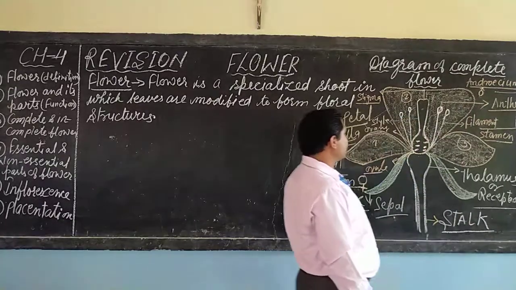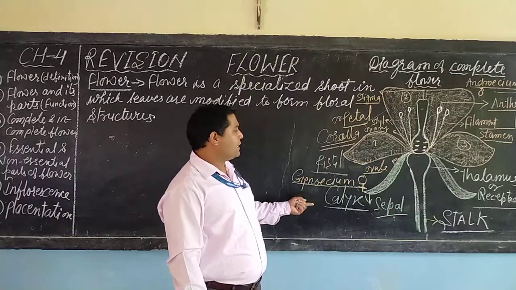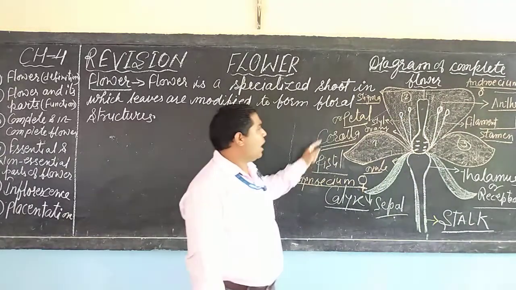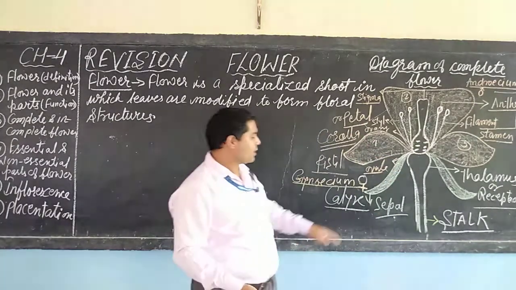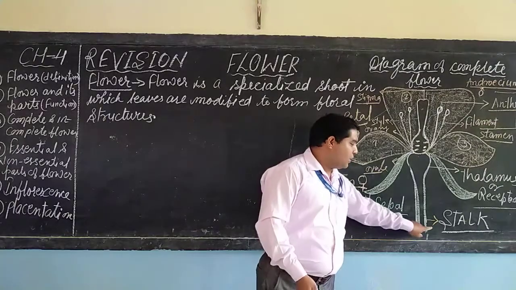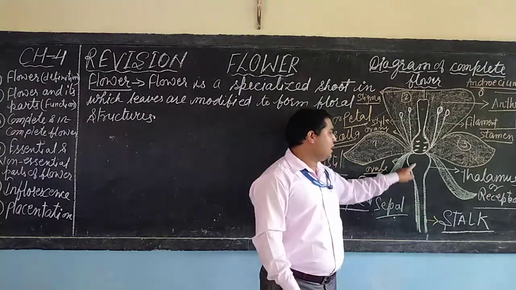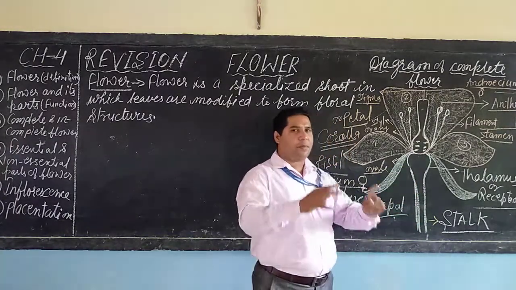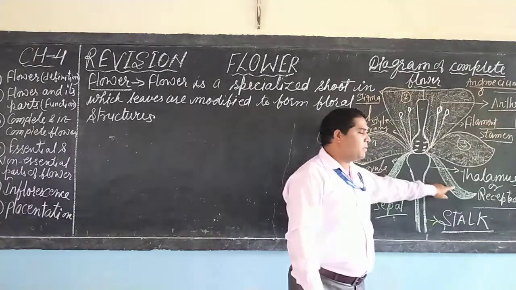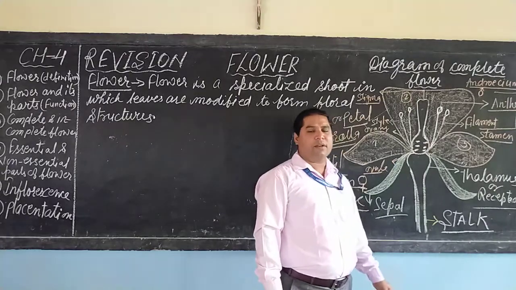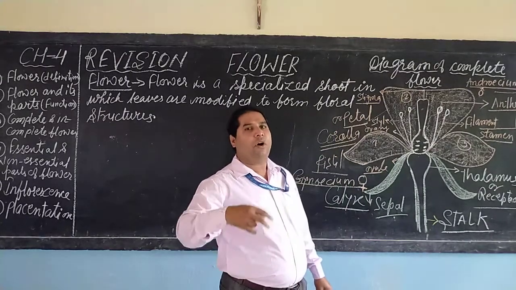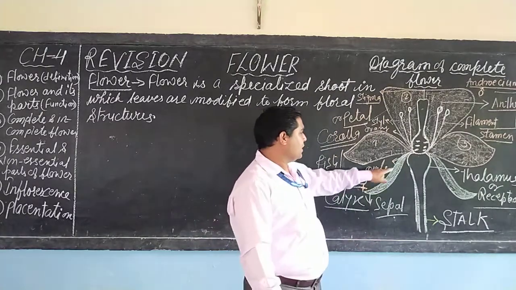So dear student, I explained the details about the flower and its parts. Once again, let us see the lower portion known as stalk, which further modifies into a cup-shaped structure known as thalamus or receptacle. From the receptacle all the floral parts originate.